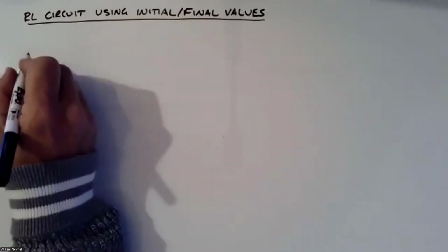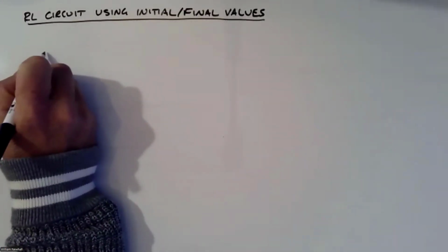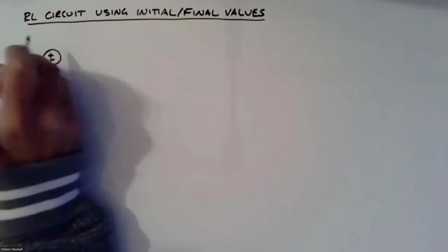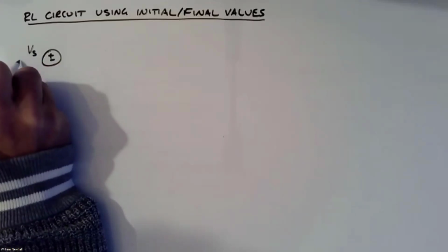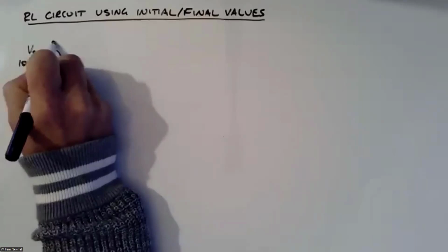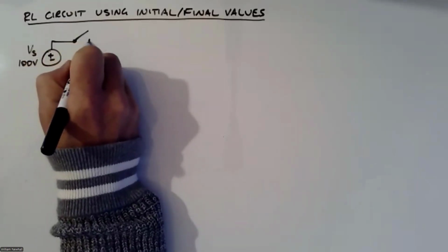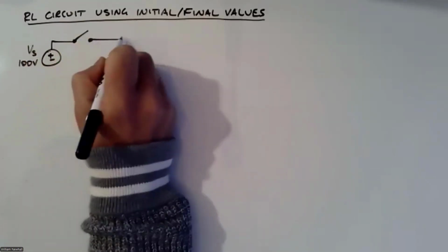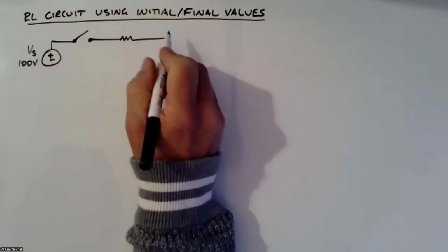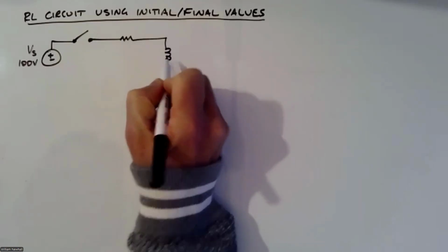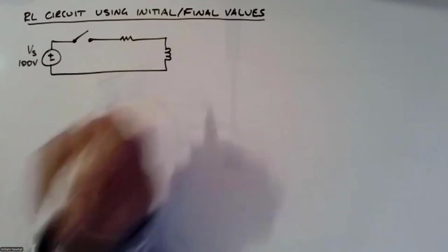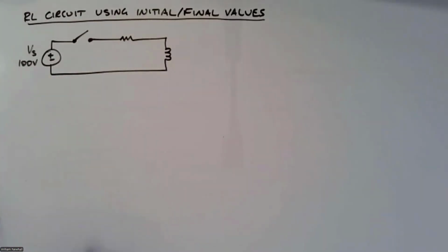Okay, so here's the circuit. We take a 100 volt voltage source, and we connect that to a switch. We connect that to a resistor and an inductor. And that's it, just a series resistor and inductor.